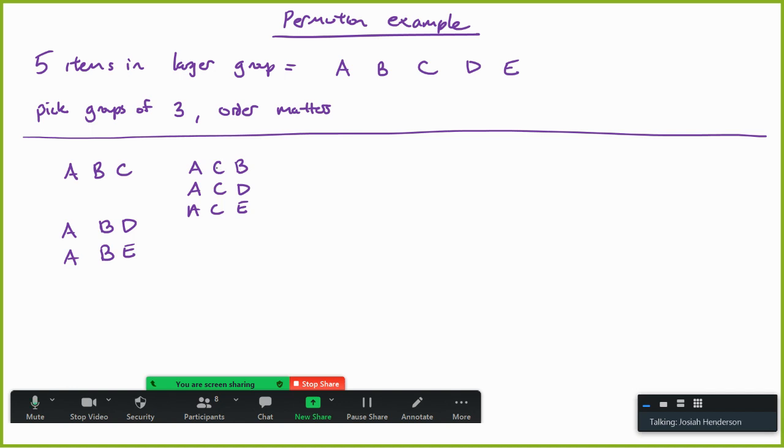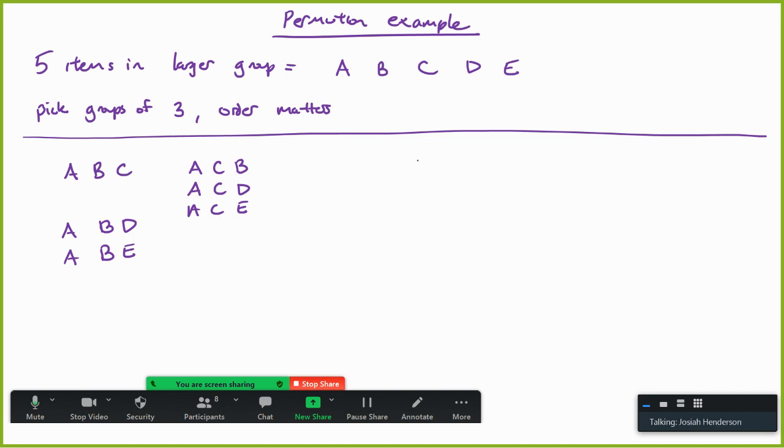I'm not trying to make it confusing, but I wanted to point out that it is confusing. Even just trying to pick groups of 3 from a total of 5 is starting to get really confusing and really hard to keep track of. It's definitely possible to do, but because it's confusing, this is why we're going to rely on our formula.